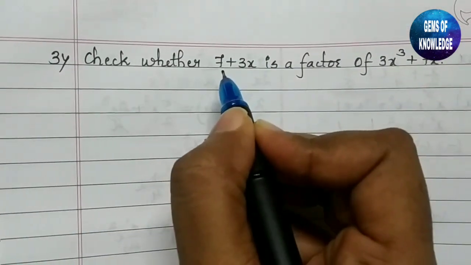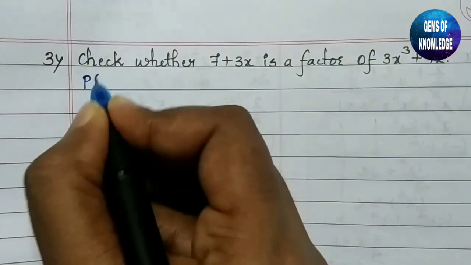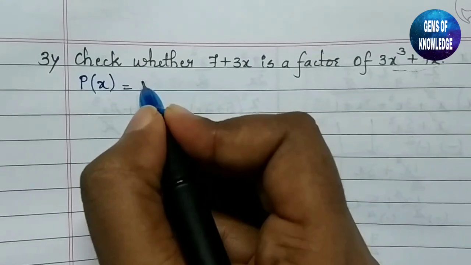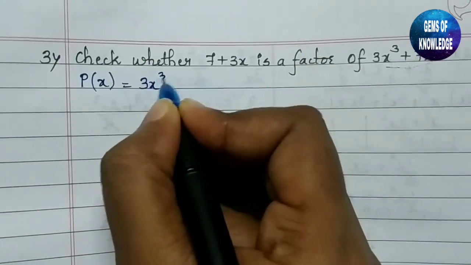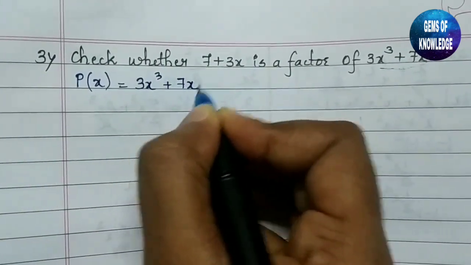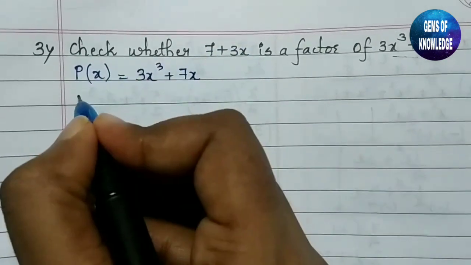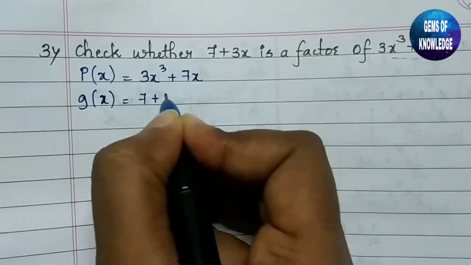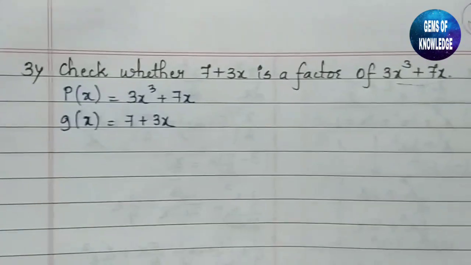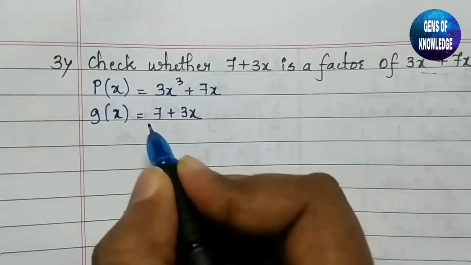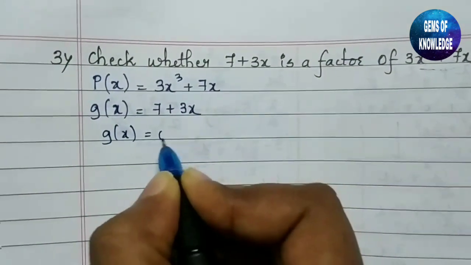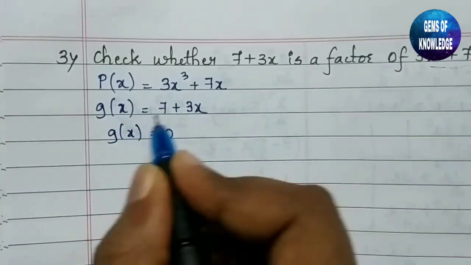For that, we consider our polynomial to be p of x, that is 3x cube plus 7x, and these terms should be considered as g of x, that is 7 plus 3x. Next, we should consider this g of x and equate it to 0.